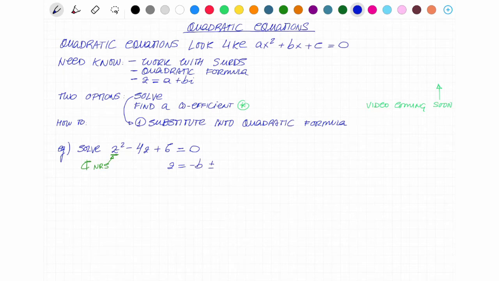I just need to know the quadratic formula: minus b plus or minus the square root of b squared minus 4ac, all of that divided by 2a.